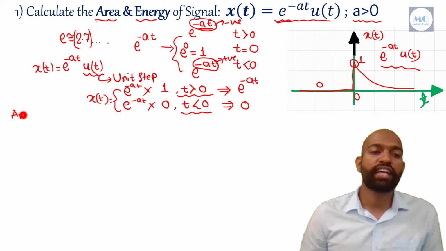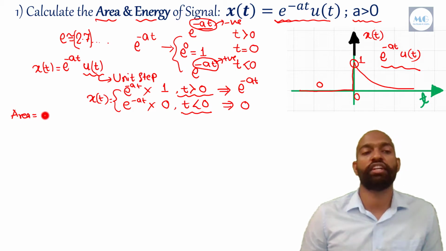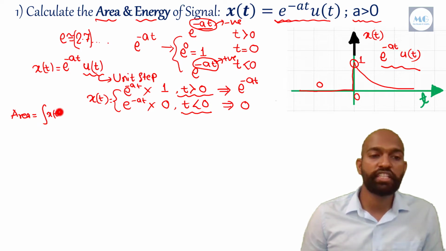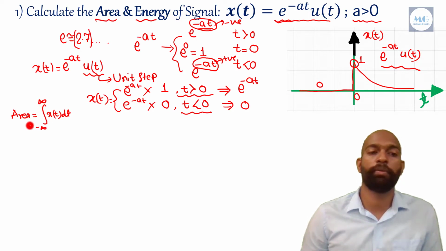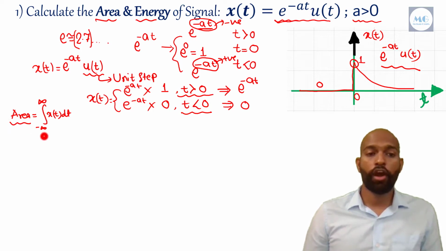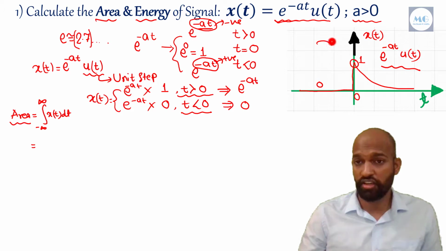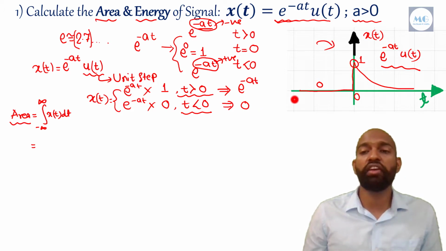Area. As I have told in my earlier lecture, area will be the integration of x(t) dt from minus infinity to plus infinity. This is the formula for area. Now focus on this x(t), this graph. Here we can divide this signal into two parts: from minus infinity to 0 and 0 to plus infinity.